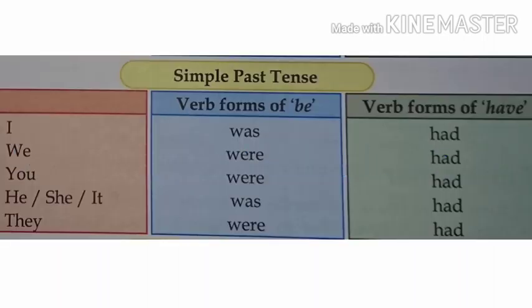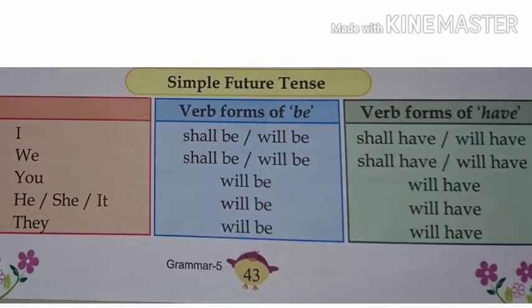With the pronoun we, we use the verb form of be, were, and the verb form of have, had. And from the table, it is clear what are the verb forms we use with pronouns you, he, she, it and they. Now let's see what are the verb forms of be and the verb forms of have used with these pronouns in the simple future tense.